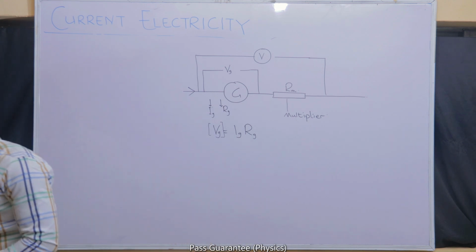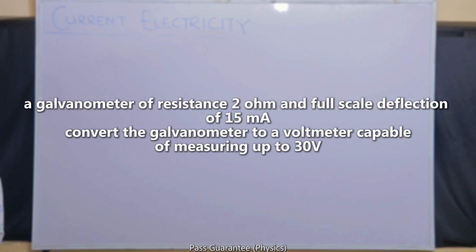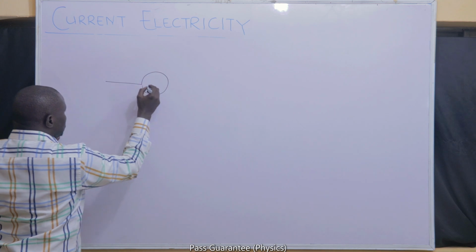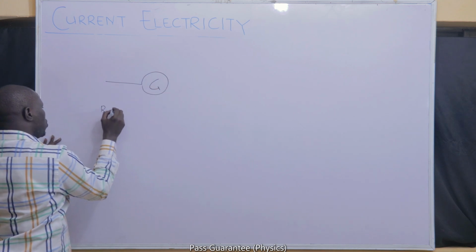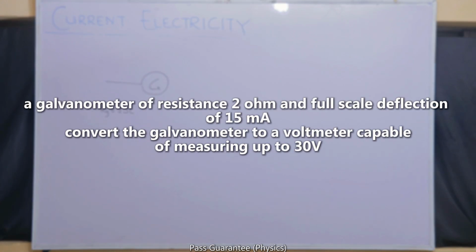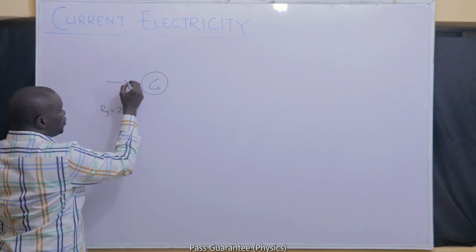We'll take an example on this and we'll continue. A galvanometer has a resistance of 2 ohms and a full-scale deflection of 15 milliamps. It can only measure a current of 15 milliamps.